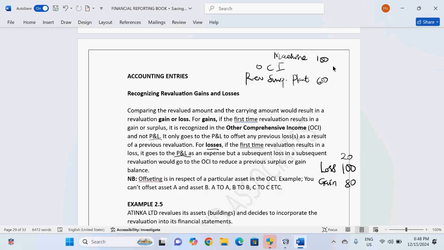Machine is different from plant. So this 100 cedis cannot come and reduce this 600, because it is not the same plant. It is not the same item. This is machine, this is plant. We can only offset when, let's say, this is also a machine or this is a plant. That is where the two of them can reduce. So that is the meaning of the offsetting in respect of a particular asset, A to A, B to B, and C to C. I believe you get it.